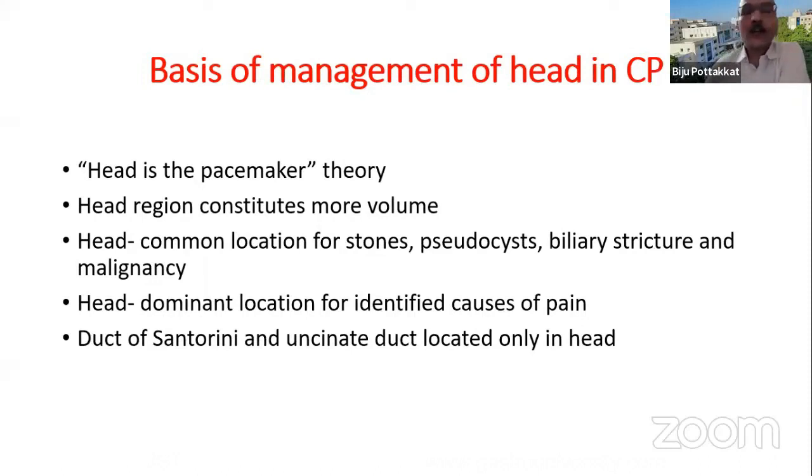And head coring or head resection reduces the volume significantly. And the head is the common location for stones, pseudocysts, strictures, and most of the complications of chronic pancreatitis happen in the head. The head is a dominant location identified as the cause of pain, and the other two ducts are located in the head.